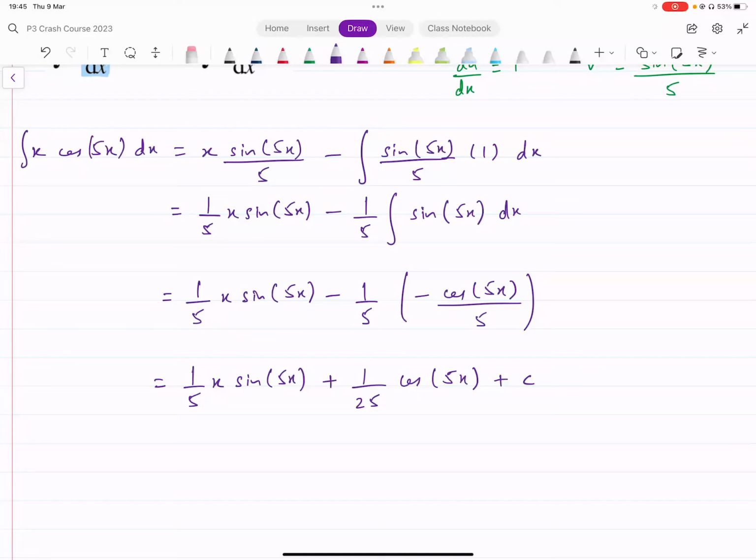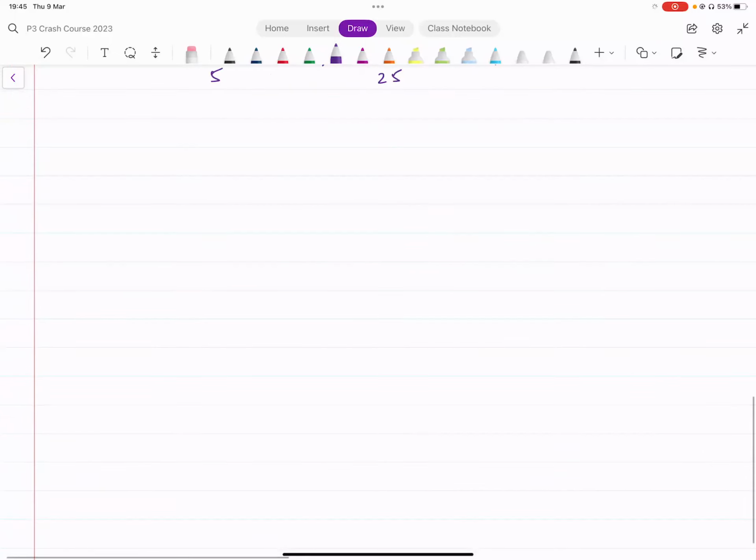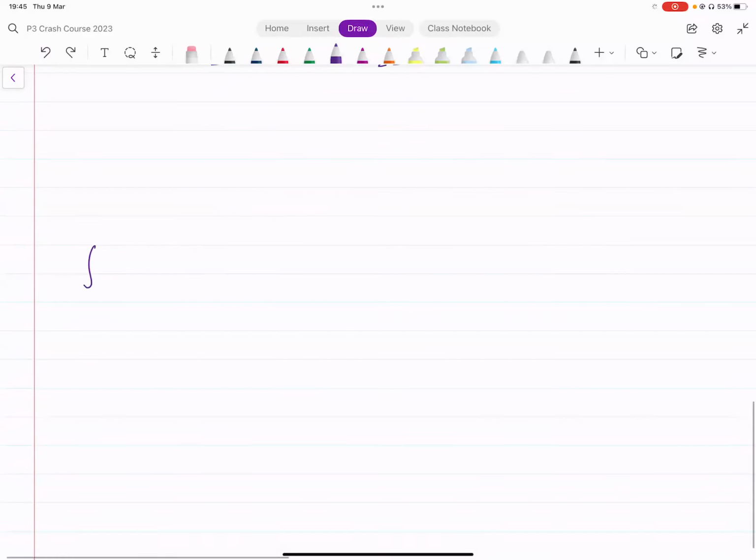Let's move on and do another integration. Now, let's say we have an integral like this. Integral of e raised to power 2x into, sorry, 2x into x with respect to x.